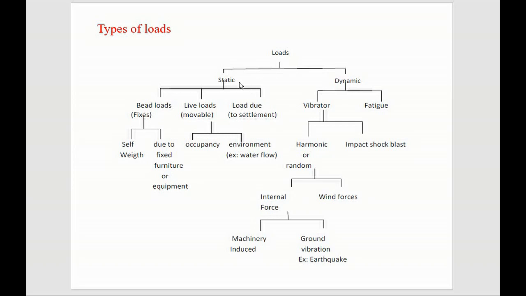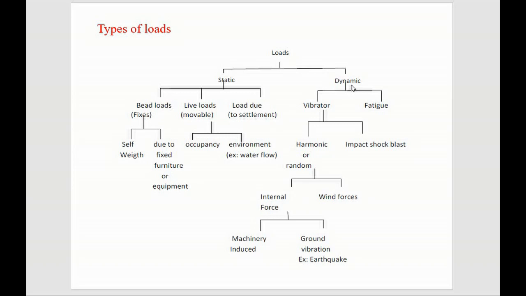So this is about the static. Then dynamic means the load will change with time. That is, the magnitude of the loads will keep on changing along with the time. For example, if the magnitude of the load is 3 kilonewton per meter, suddenly for the next 5 seconds it may increase to 8 kilonewton per meter.